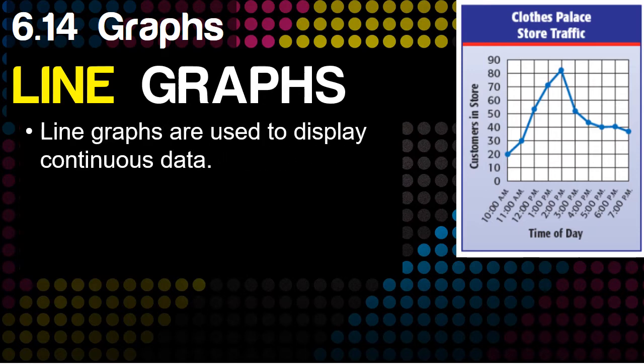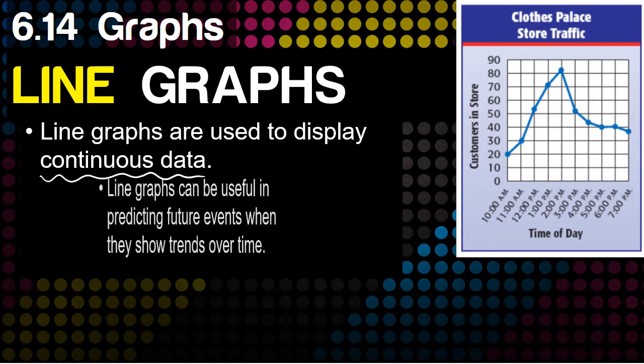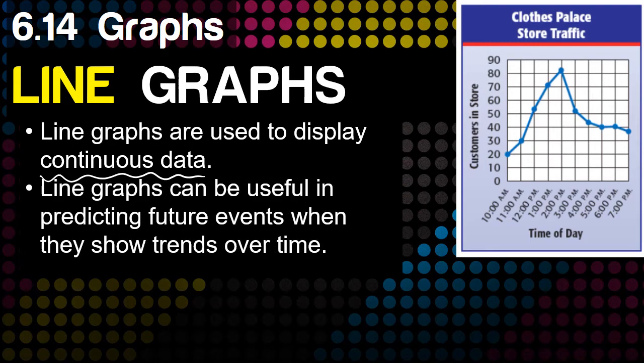Some information that you'll need to know about our line graphs. Line graphs are used to display continuous data, and line graphs can be useful in predicting future events and show trends over time. And so we have this lovely little line graph right here.